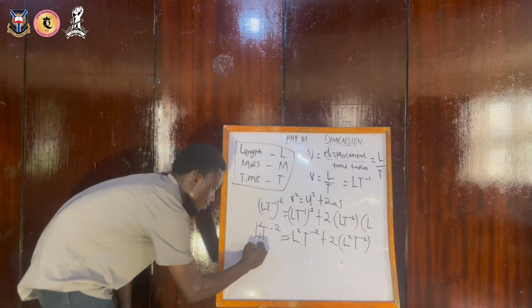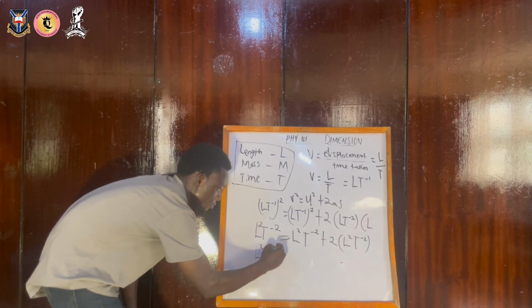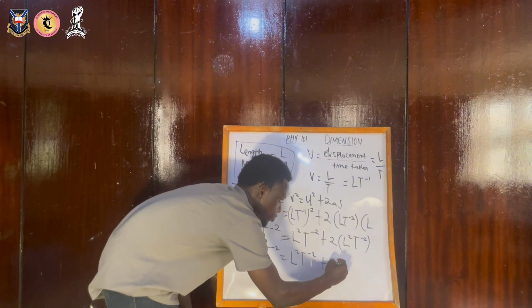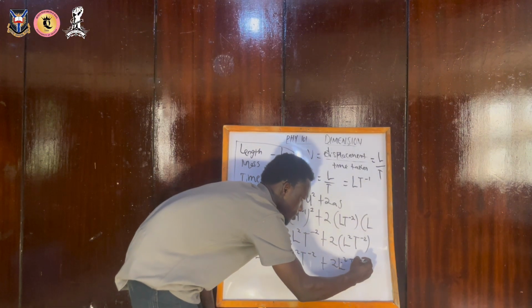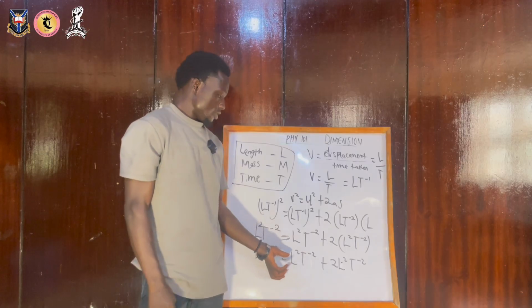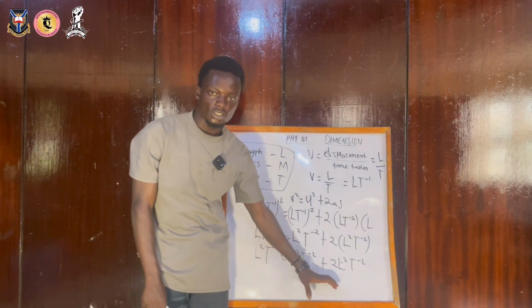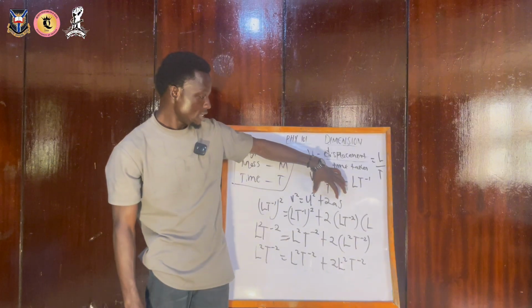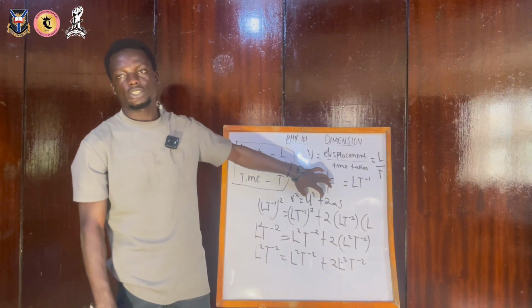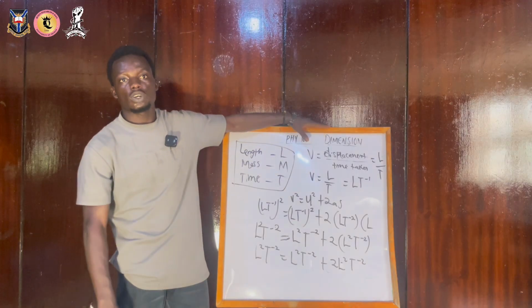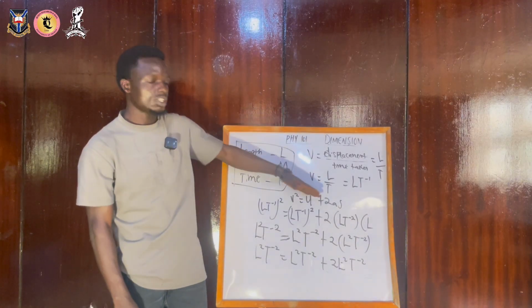So here now we can conclude that L square T minus 2 equals L square T minus 2 plus 2L square T minus 2. Now, for you to add two quantities together, for us to add u square and 2as, that means 2as has the same dimension as u square, and for them to be equal to v square, that means v square also has the same dimension as them, so they are homogeneous.